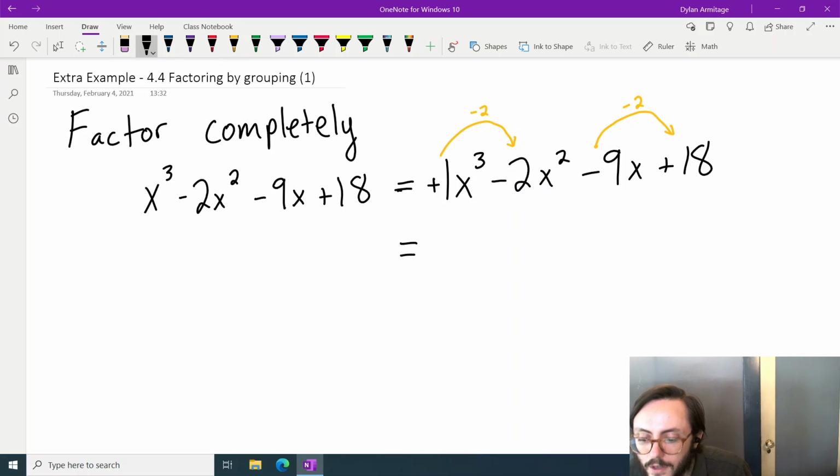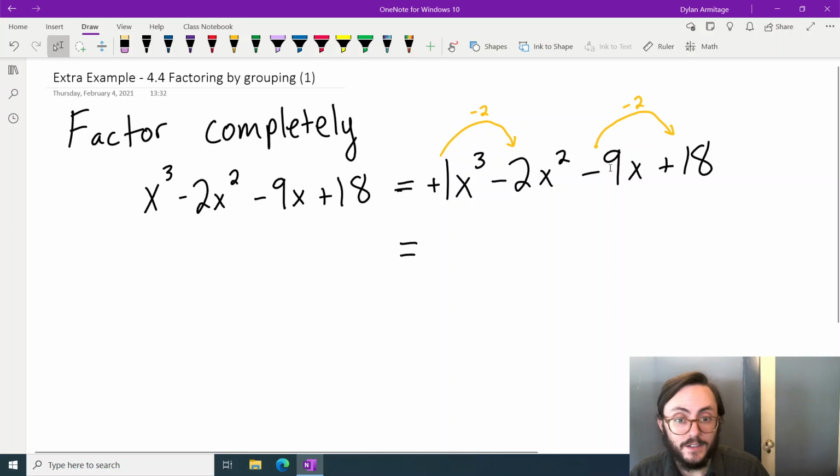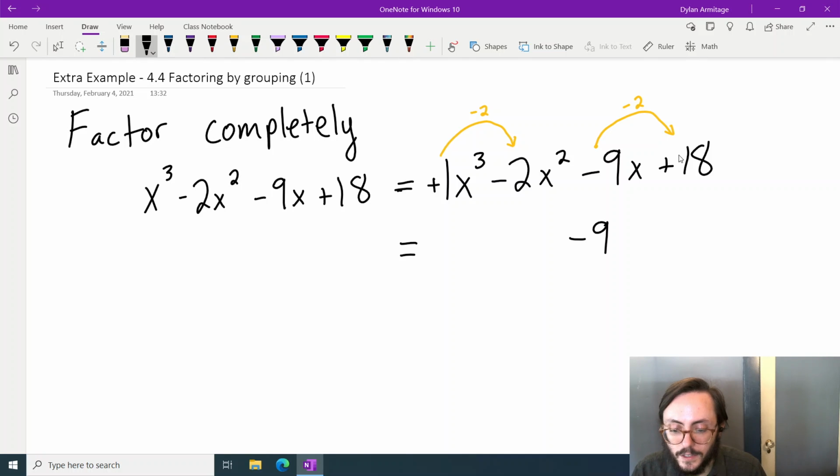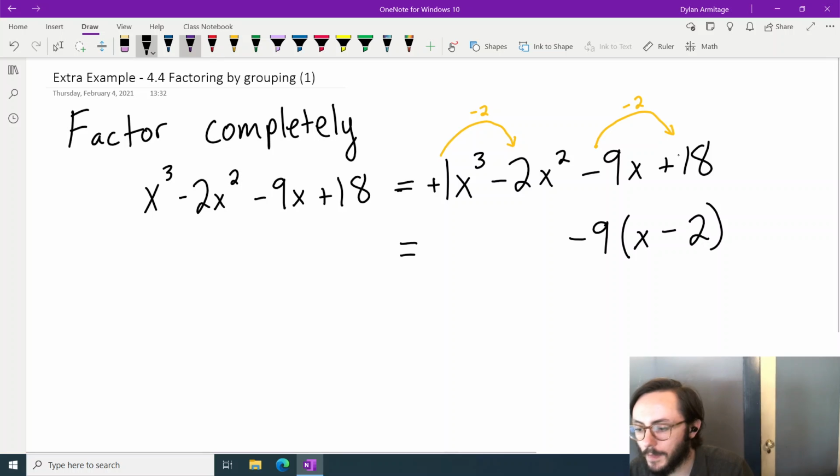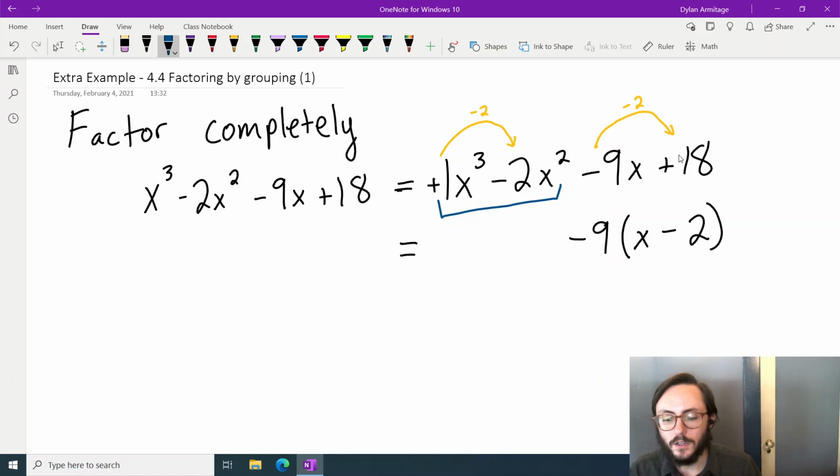This means that what we can do is take out this negative 9 here, and we would get negative 2 over here. We would factor out that negative 9. That'd give us positive x minus 2. Now that we have that, what can we do to make this part up here look like this part down here?